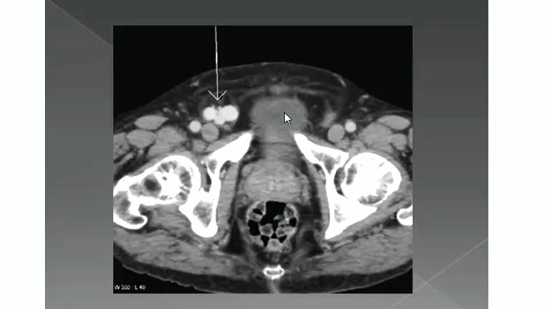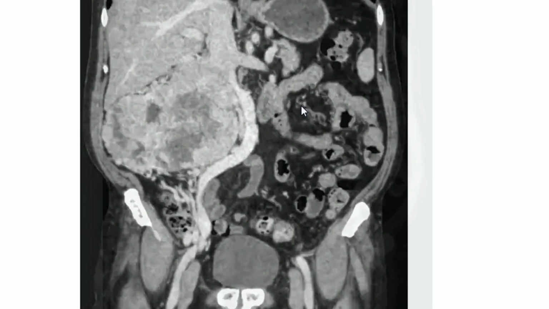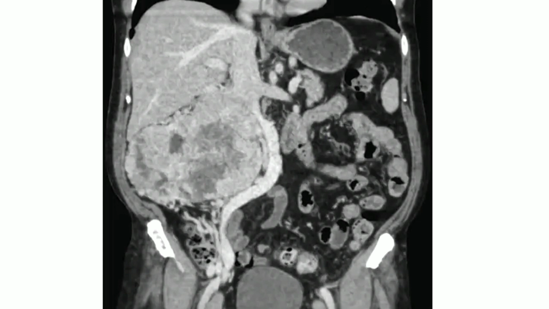Excellent. This is the second image, same patient. Ma'am, this is the coronal image of the CT scan abdomen, which shows a large heterogeneous signal intensity area.